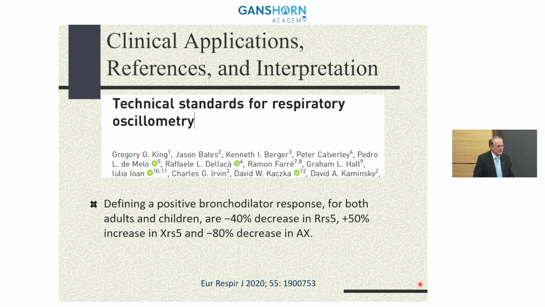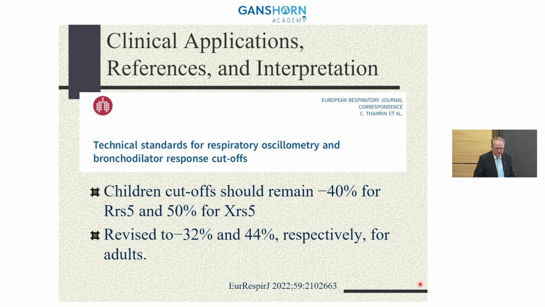So once again, a larger change than what we would expect in spirometry measurements of FEV1, but we are starting to understand what is a clinically significant change and how we characterize that.